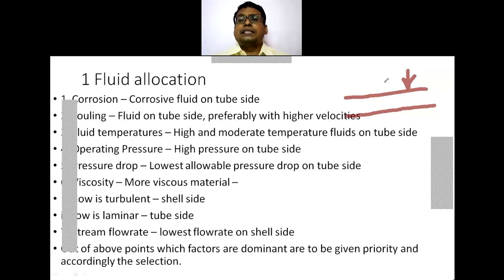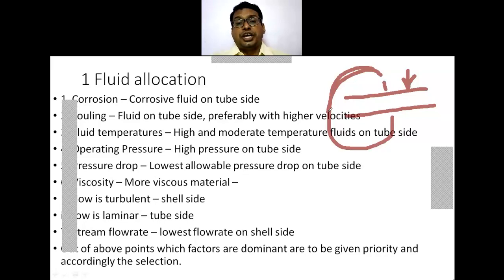You can say we can do that for the shell also, but the cost involved for the shell is more in comparison with the cost involved for the tubes, and that is why manipulating the tubes is cheaper than manipulating the shell.